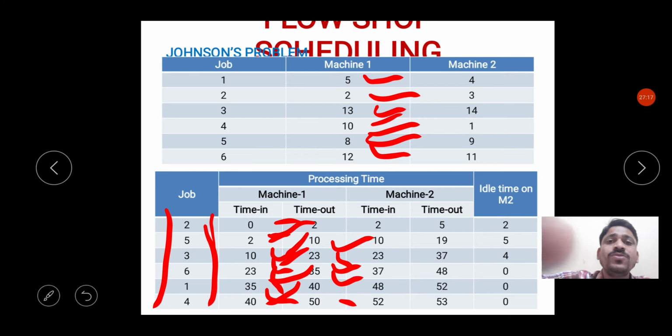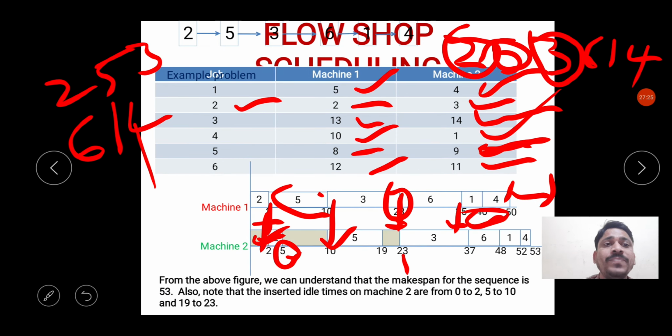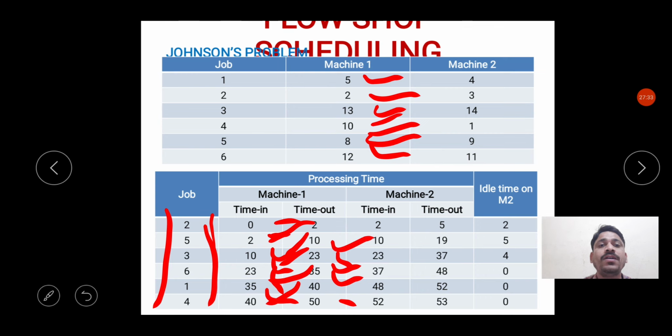If you observe, the previous Gantt chart also shows us the same thing. I will show you. Here also it is 50 hours, because machine 1 finishes all the jobs at 50 hours. And if you come to machine 2, when we are computing the in times and out times of machine 2, we have to check two things.